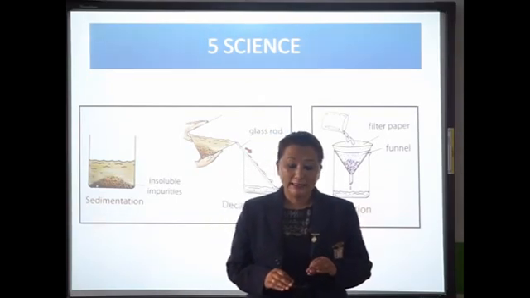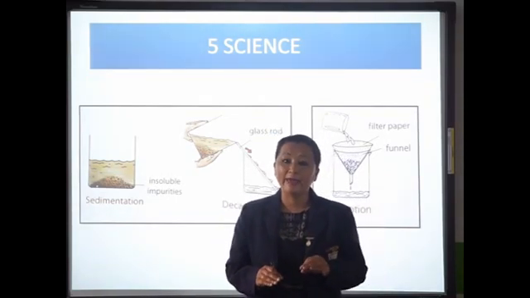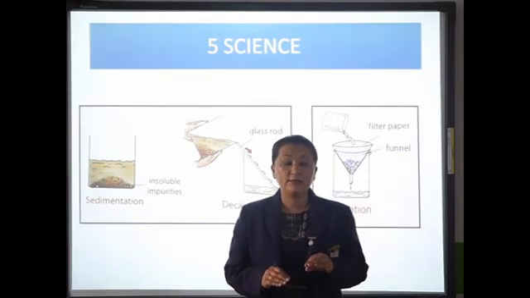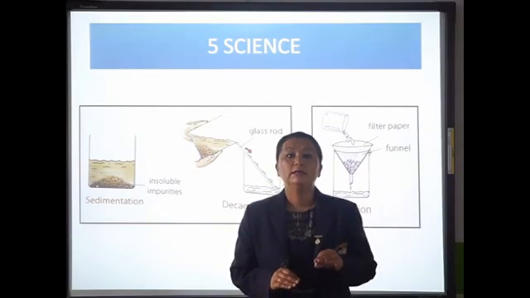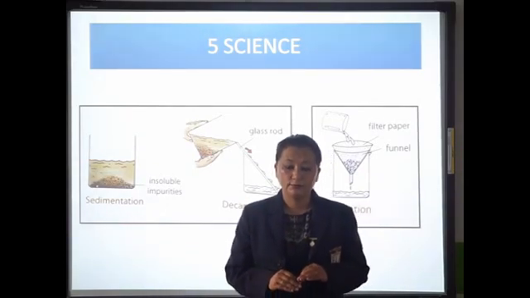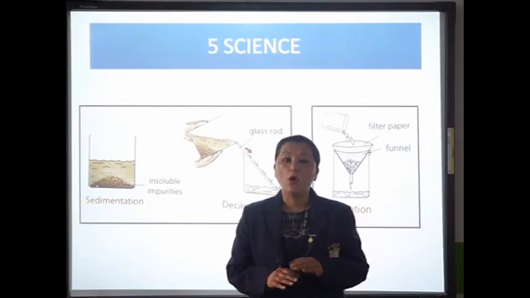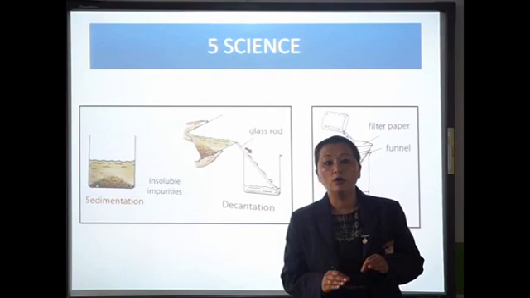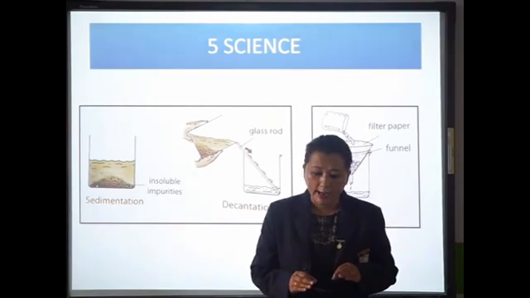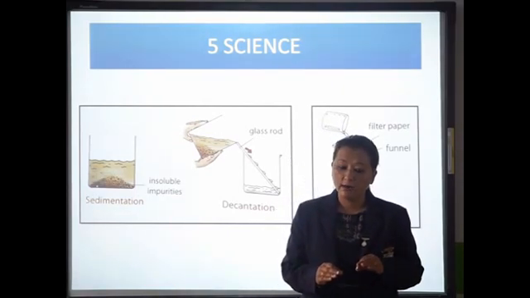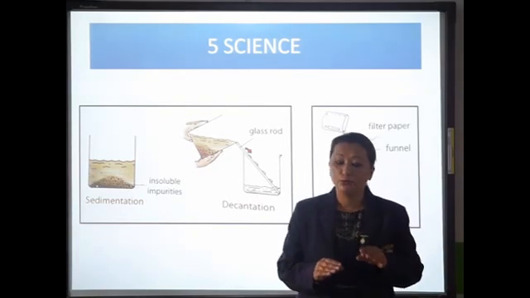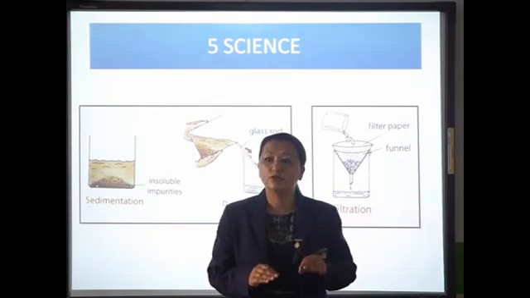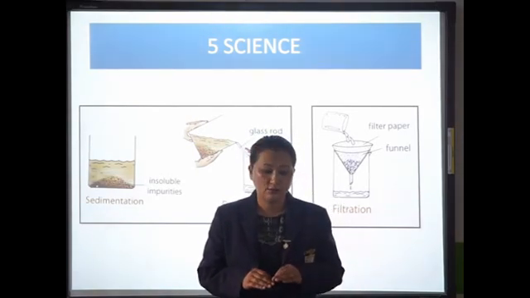So, the settling down of heavy particles at the bottom of the vessel is called sedimentation. Once all the solids get settled, we pour the clear water at the top of the jar slowly into another jar. So this is called decantation.